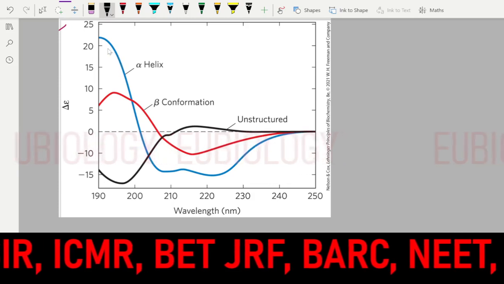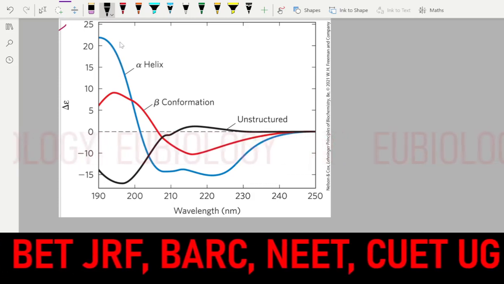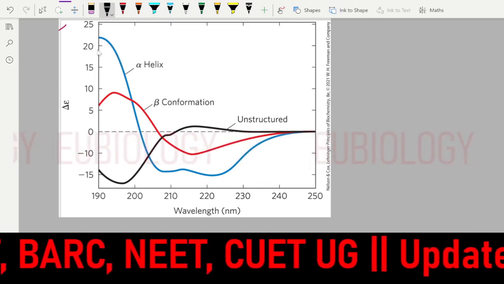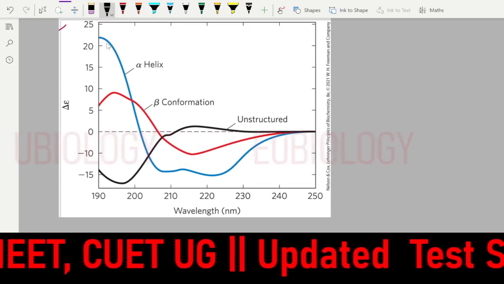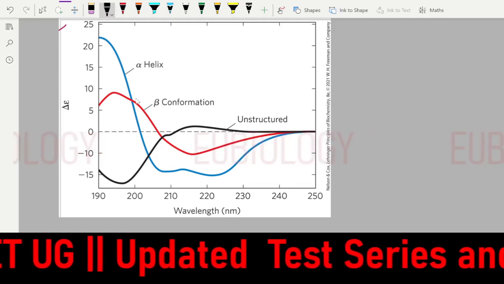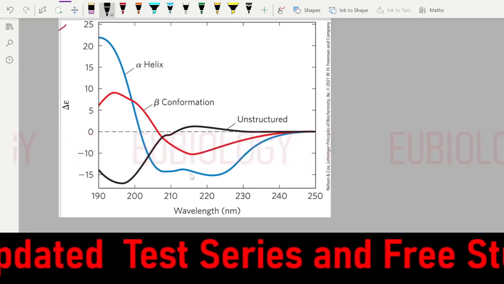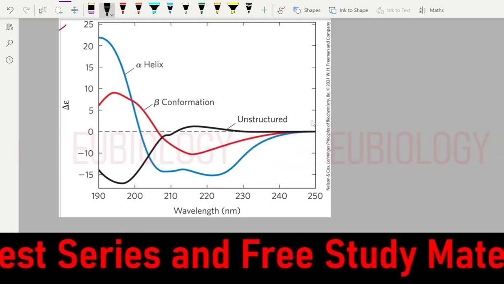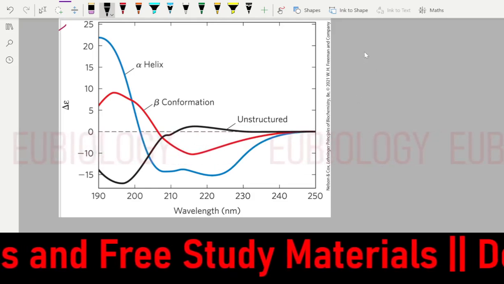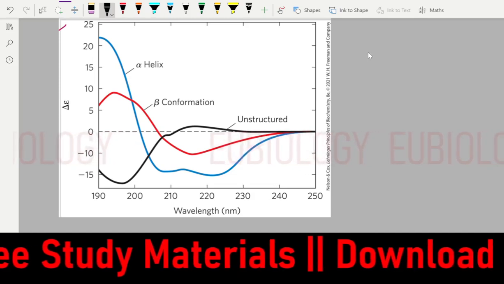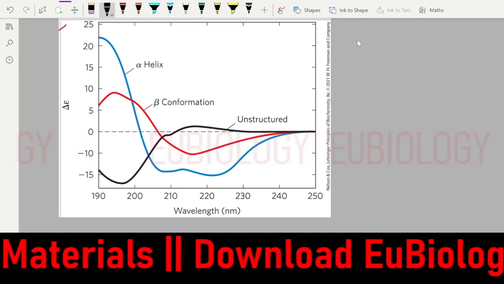This graph is telling that if the molar extinction coefficient is around 20, more than 20, the alpha helix will give you the higher peak, and you will find the change in absorbance of right and left handed circularly polarized light.